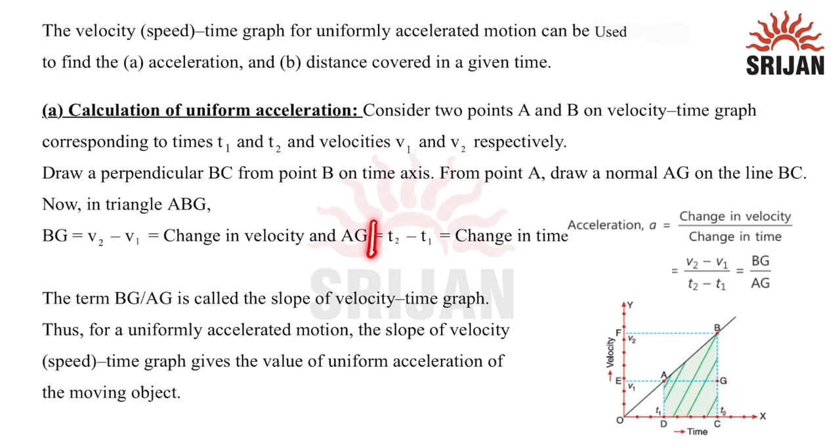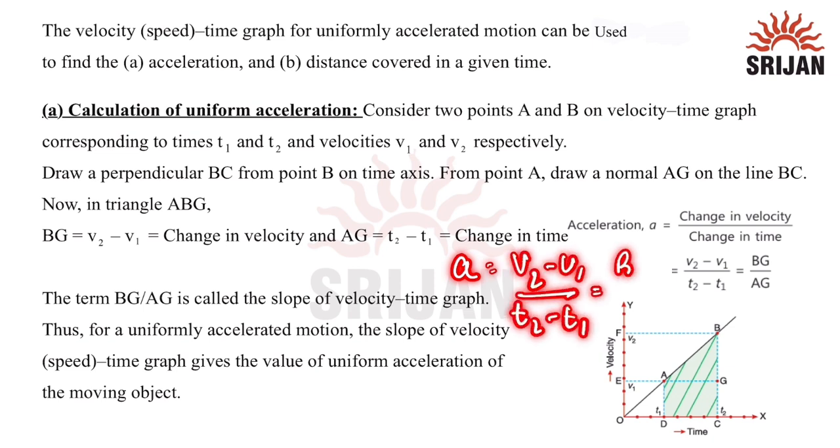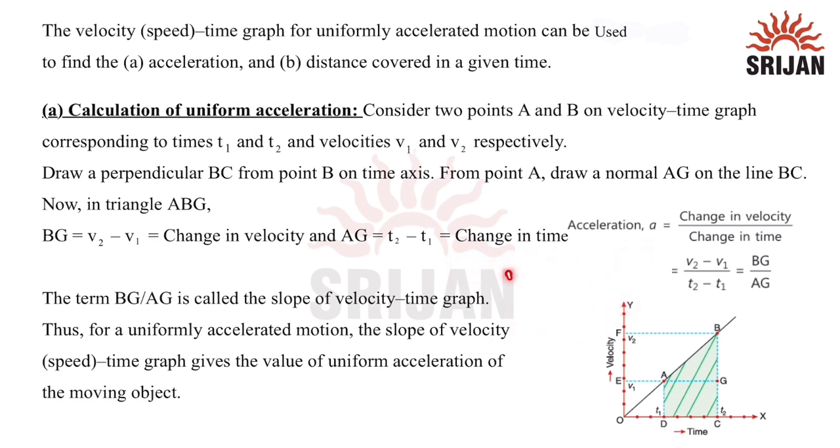Now the change in time is T2 minus T1. So we know that acceleration is the change in velocity divided by the change in time, that is BG upon AG, right? Now the term BG upon AG is also the slope of velocity time graph. Thus, for a uniformly accelerated motion, the slope of velocity time graph gives the value of uniform acceleration of the moving object.